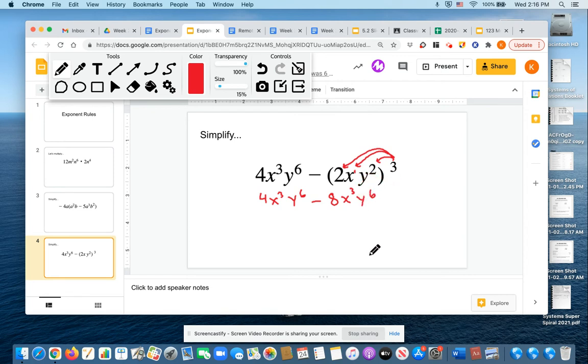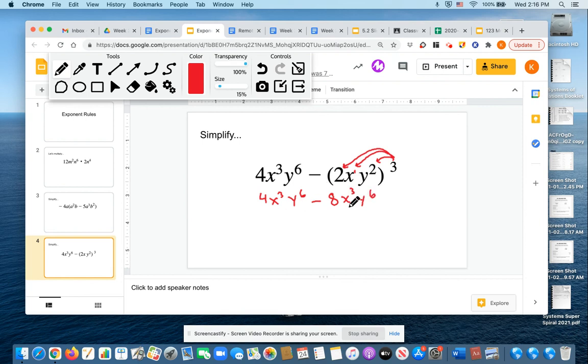Now I'd like you to stop, take a deep breath, and take a look at what we have left. Someone might think we're done, but check to see if we have like terms. And when I look here, these are indeed like terms. I have the same variables with the same exponent. You notice x to the third and an x to the third, a y to the sixth and a y to the sixth.